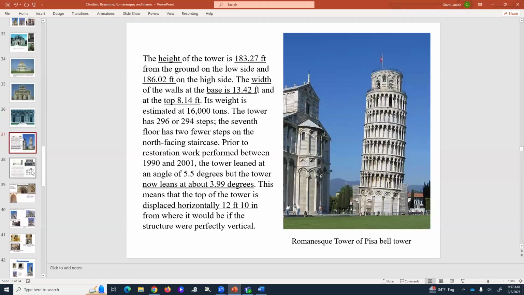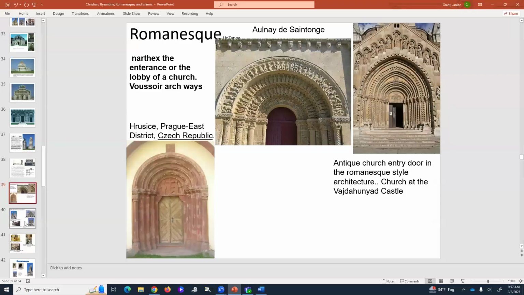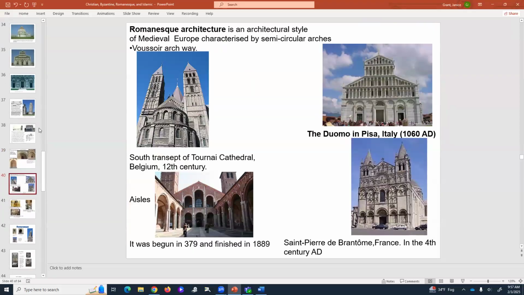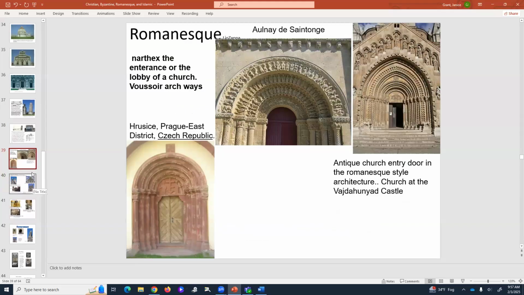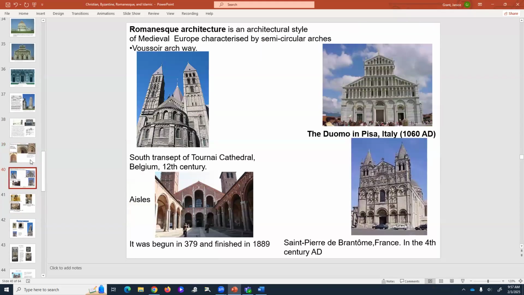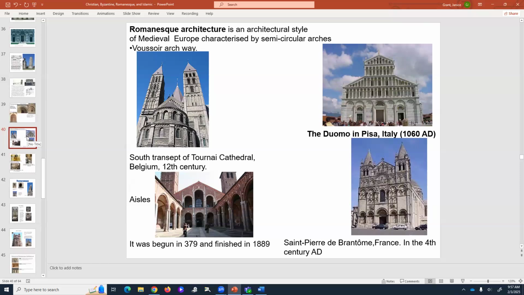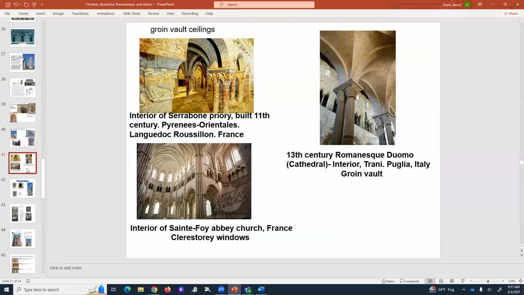All right, now there's a big story. Well, before we talk about the story of the Leaning Tower of Pisa, let's take a look at some of these other images that we are taking out of this Romanesque style, like the arches that we just talked about and the two towers here.